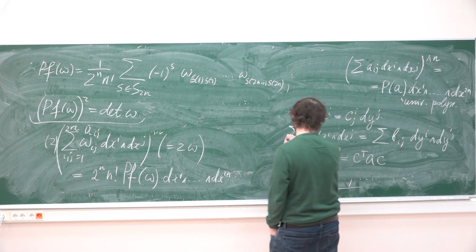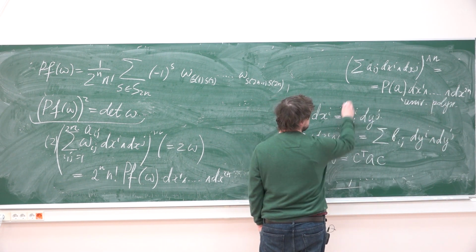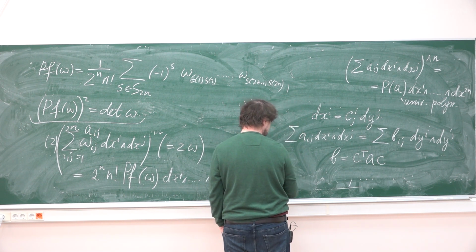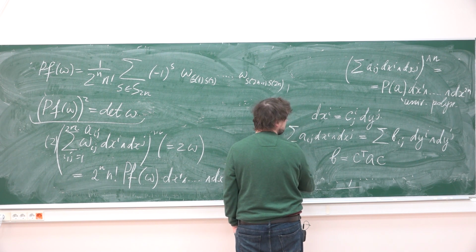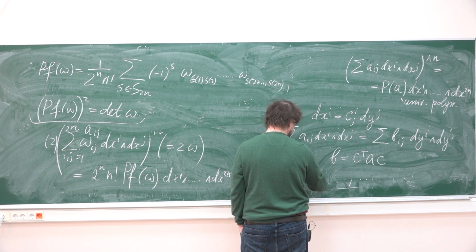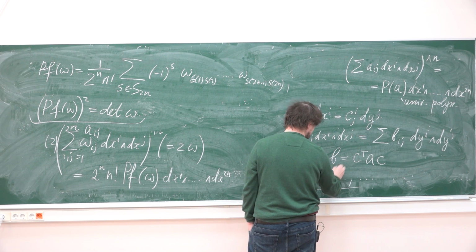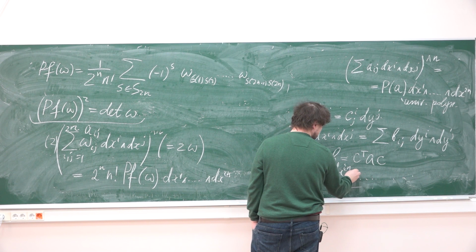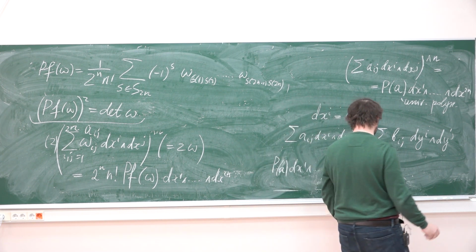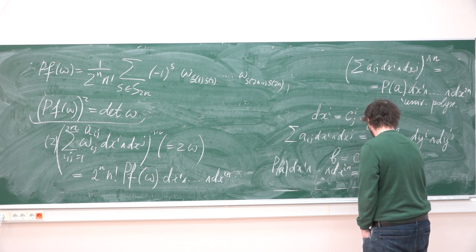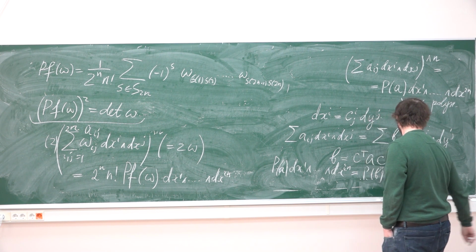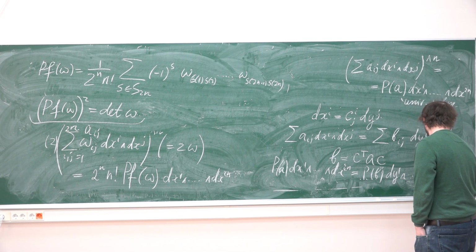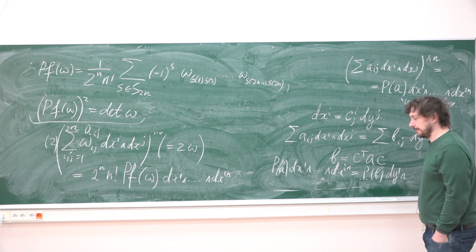Now we apply this expression to both sides, and we get the Pfaffian P of A times dx1 wedge dxn. On one hand, it will be equal to P of B dy1 dyn, right?